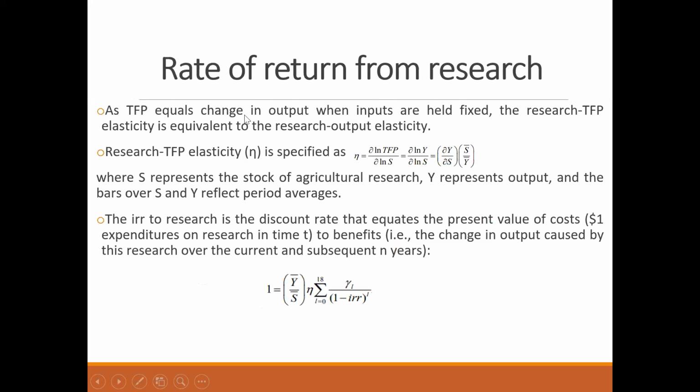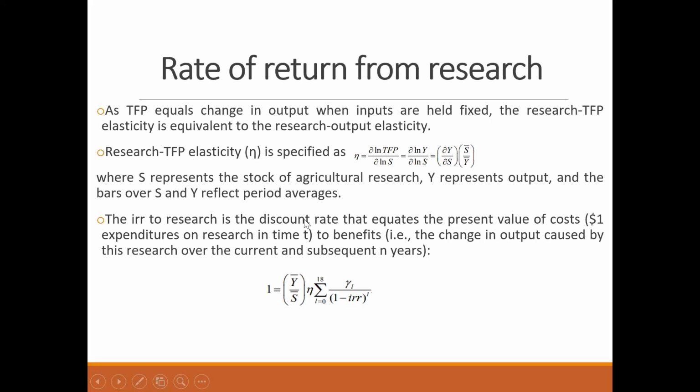As TFP equals change in output when inputs are held fixed, the research TFP elasticity is equivalent to the research output elasticity. Research TFP elasticity is specified as N equal to change in log of TFP divided by change in log of research stock, where S represents the stock of agriculture research, Y represents output, and the bar over S and Y reflects the period average.